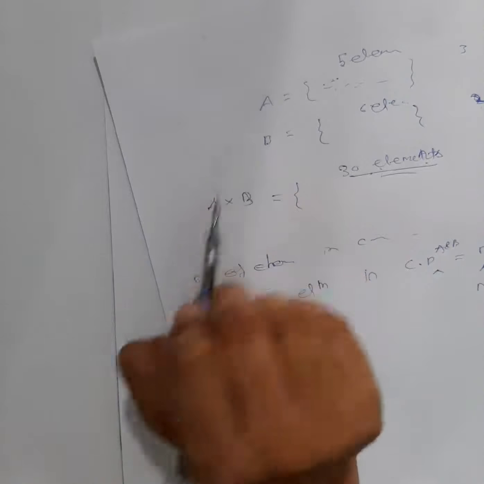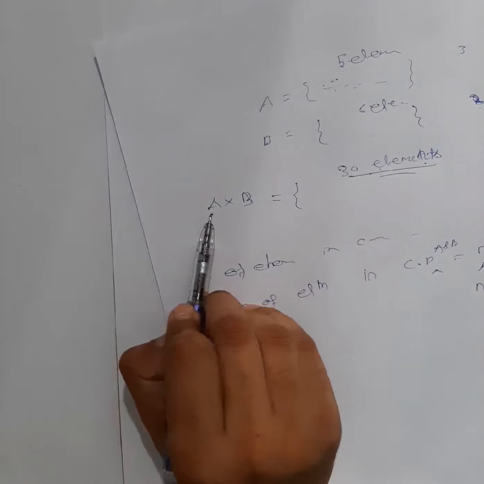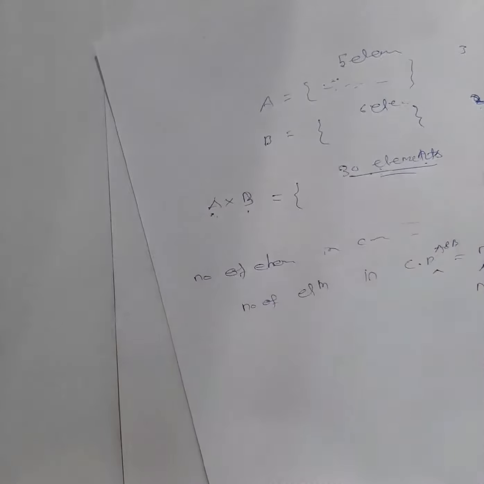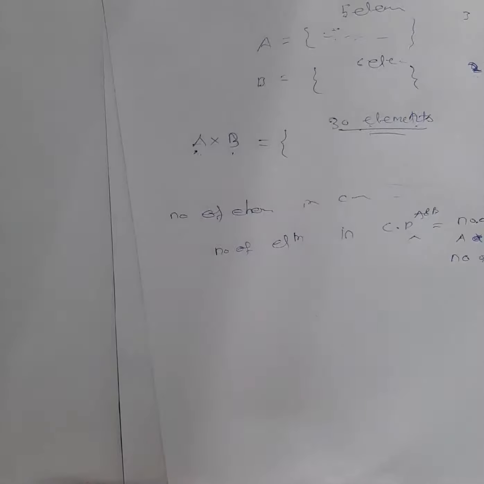Whatever is the number of elements in A, and whatever number of elements in B you have, just multiply that, and you will know how many elements you can have in the Cartesian product. Now this is also very important, so you write down this one as a definition.